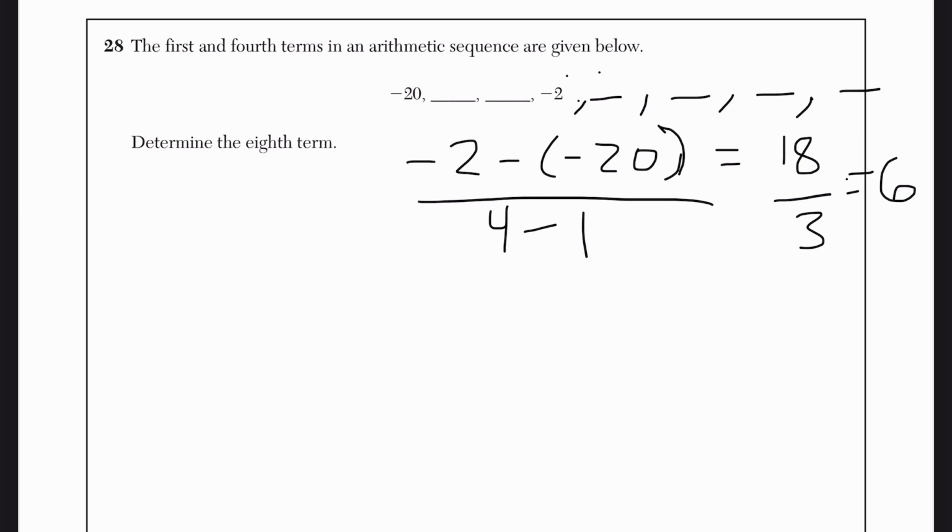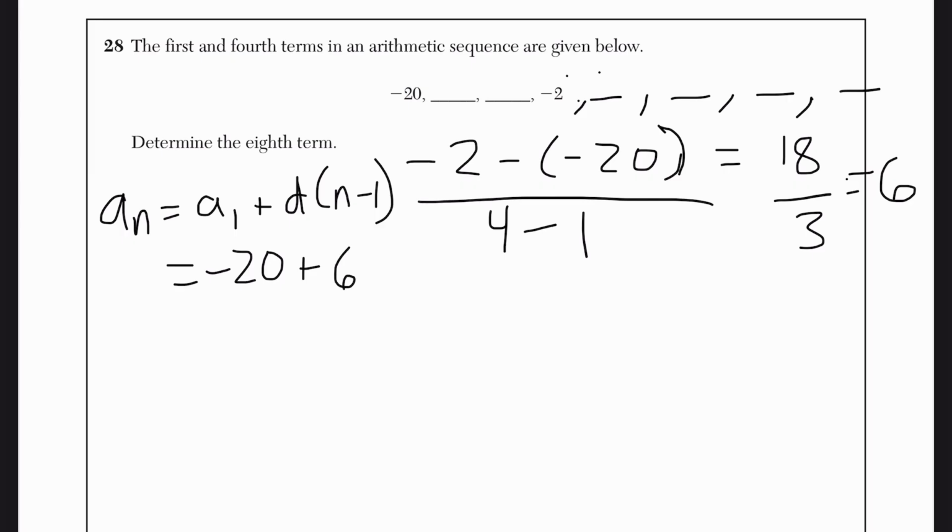I will show you the arithmetic sequence formula way to do it too, just so you have it, which is an equals a1 plus the common difference times the term you want, take away 1. So the first term is -20. The difference we determined was 6, and we want the eighth term.